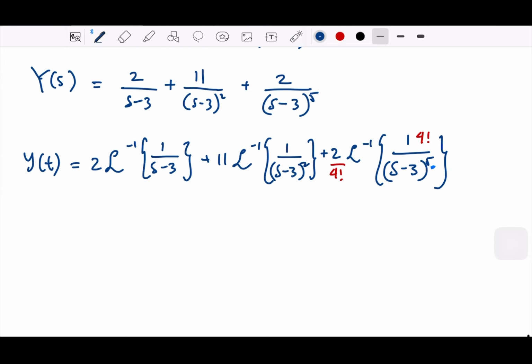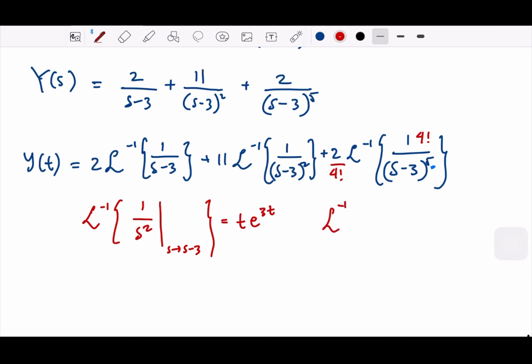Let me write some in red color to make sure we are correct. So the Laplace inverse of 1 over s squared, and then shifted from s to s minus 3. 1 over s squared gives t, and this s minus 3 shift gives e to the power of 3t.